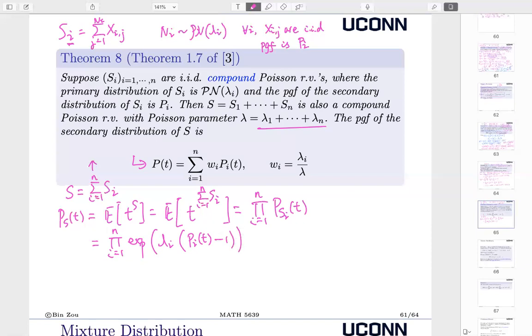So that's what we know, right? Now I introduce this notation. Lambda is nothing but the summation part. First of all, because I'm dealing with exponential function, the product can be moved inside as a summation.